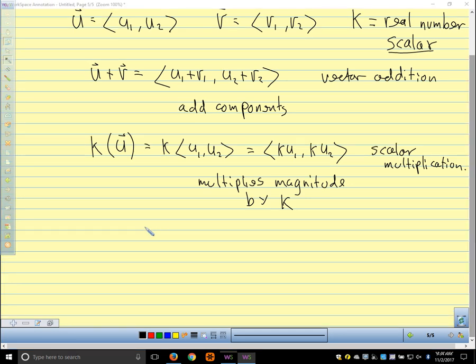If k is negative, so it's less than 0, multiplying by a negative points the vector in the opposite direction.